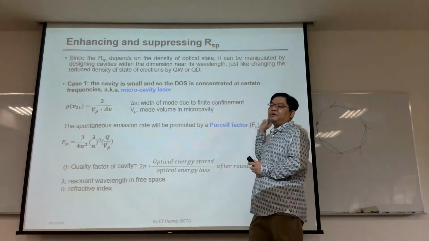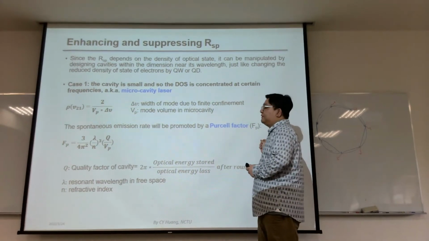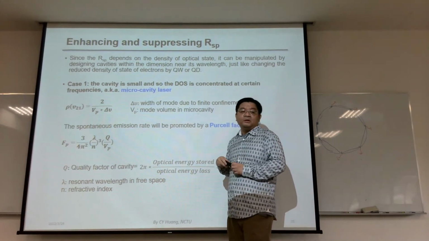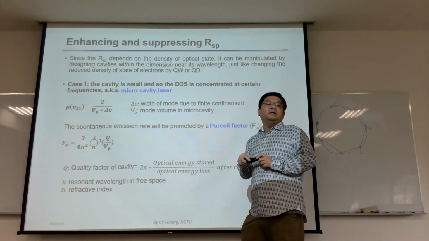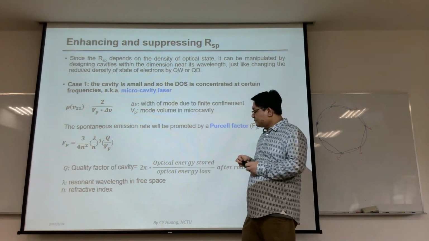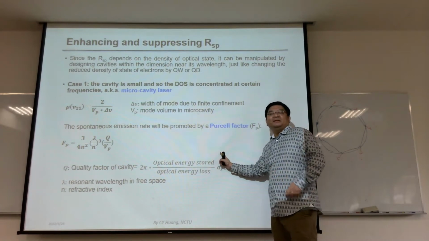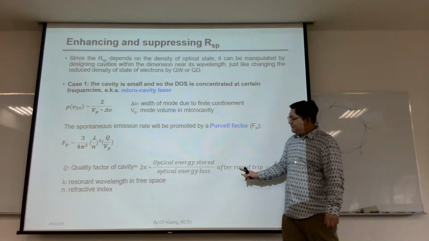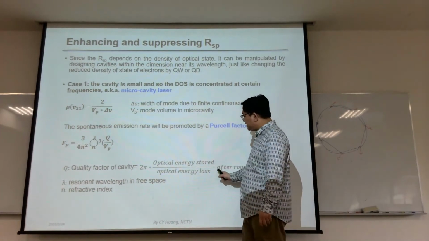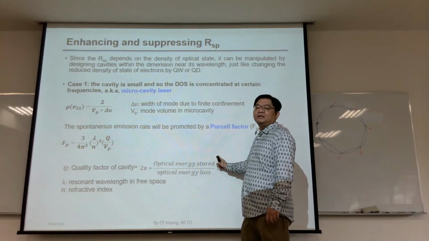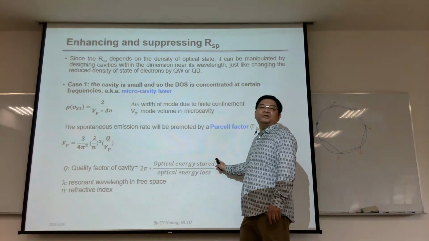It's a very high quality factor, so the spontaneous emission rate will be strongly enhanced. But there's a logical trap. If all the optical energy is kept within such a cavity, how can you measure that?